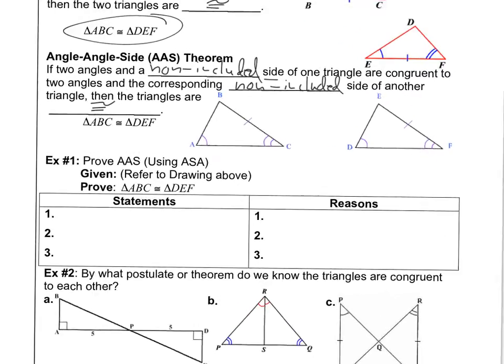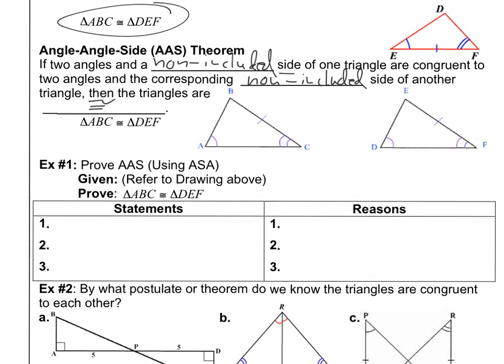We're going to do a proof for it right here. We'll use the picture above to do our proof. So the given just says refer to the drawing above. That means we can write everything that's marked as given information. So let's go ahead and do that first. We'll do that in blue.